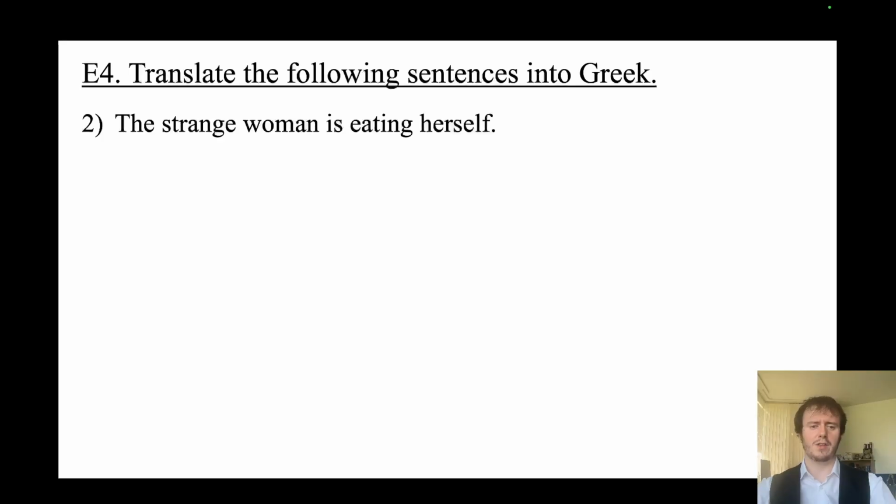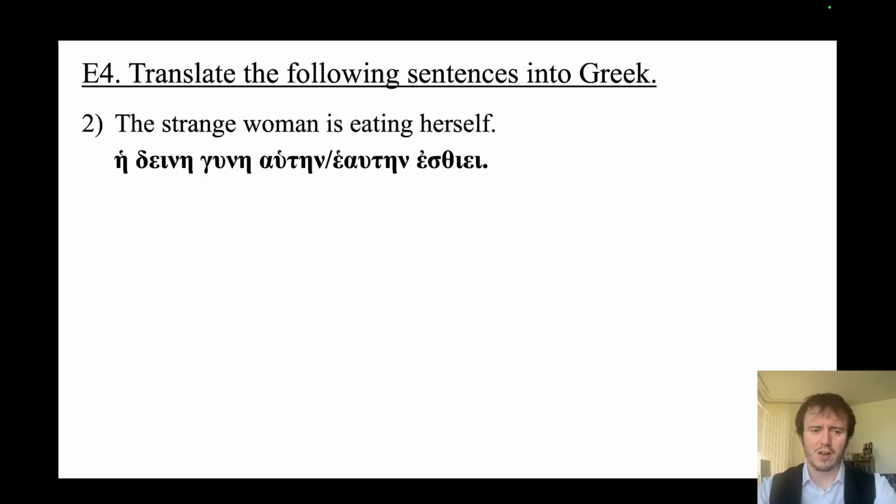Secondly, we have the sentence, the strange woman is eating herself. Here you should have put hē xenē gunē heautēn or hautēn esthiei. You could have put xenē in the repeated article construction as opposed to the sandwich construction, and you could have had the units of this sentence in different orders, okay? Another order would be acceptable.